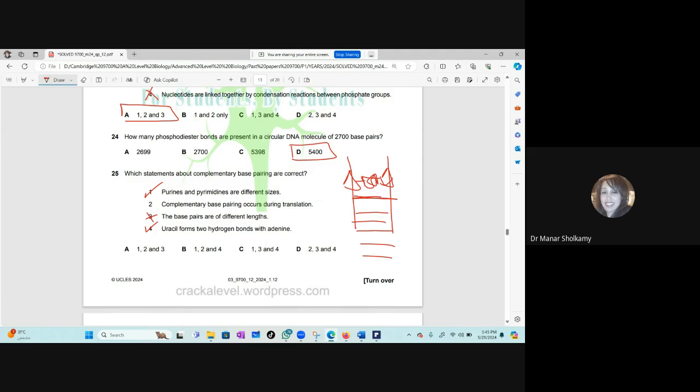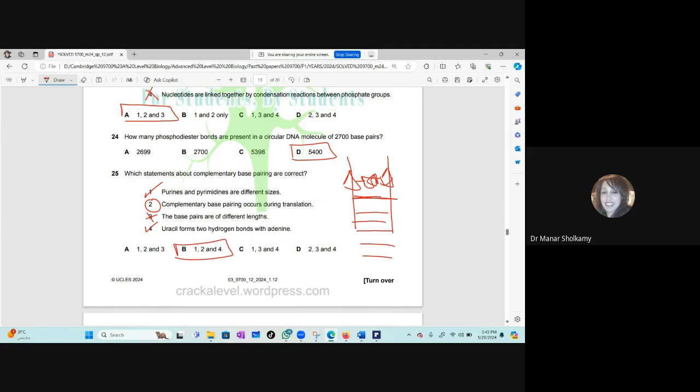So three is incorrect. Two is right: complementary base pairing occurs during translation. So it is one and two and four. 25 is B.